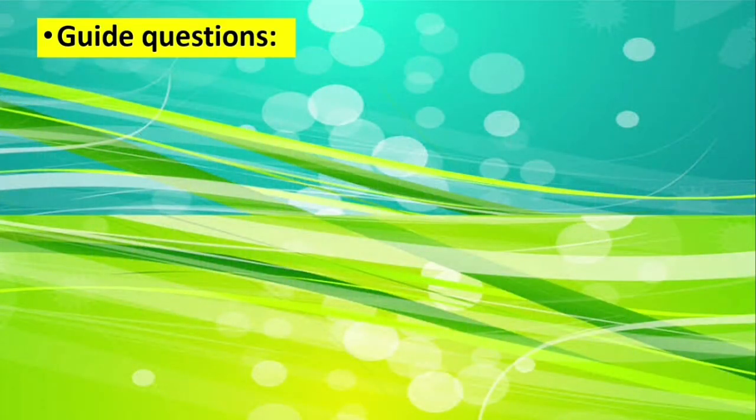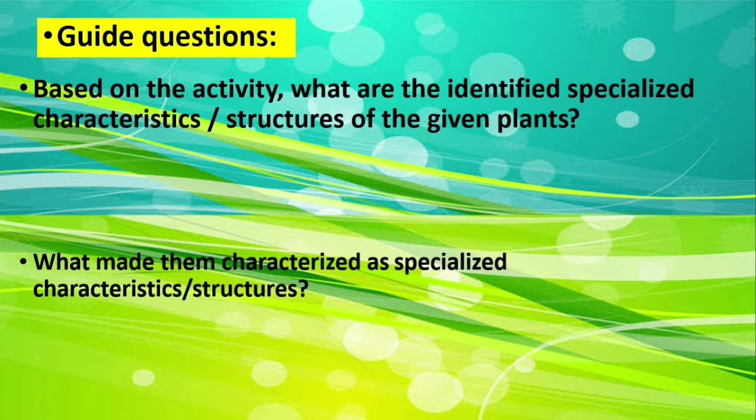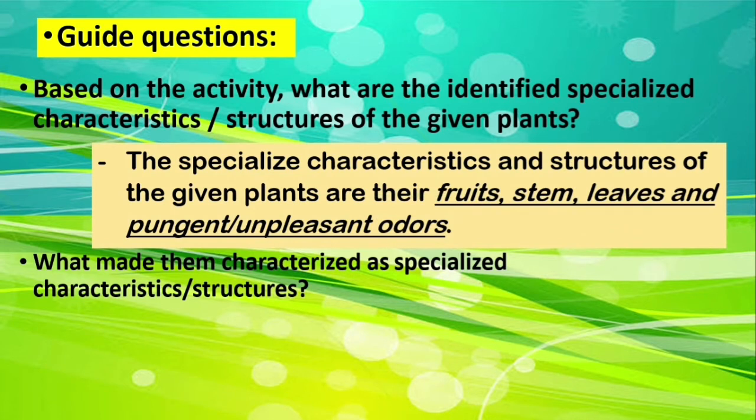Let us answer the guide questions. Based on the activity, what are the identified specialized characteristics or structures of the given plants? Correct! The specialized characteristics and structures of the given plants are their fruits, which is durian, stem, which is the cactus, leaves, which is the pineapple and talahib grass, and the pungent or unpleasant odors.